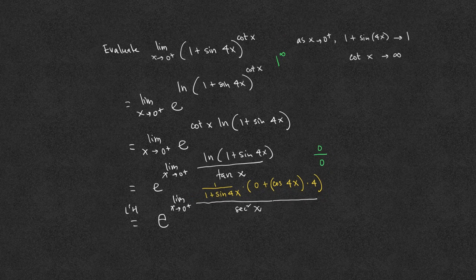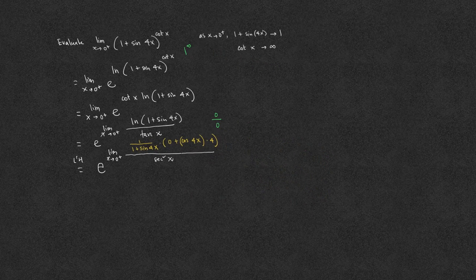We then treat this limit as a new limit. This is e to the limit as x goes to 0 from the right-hand side, and then we simplify the expression in the exponent.